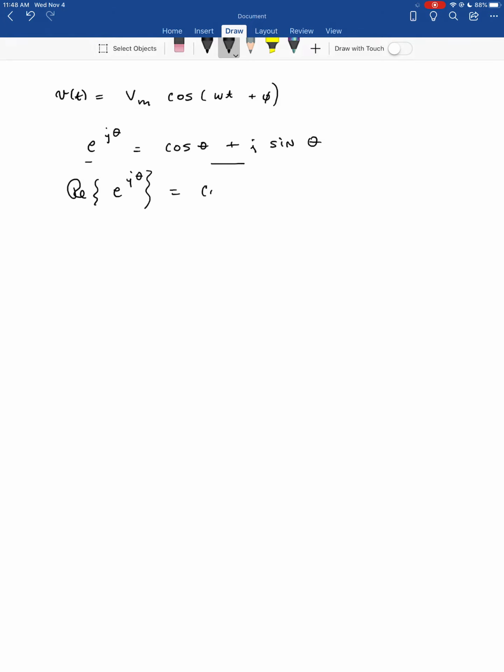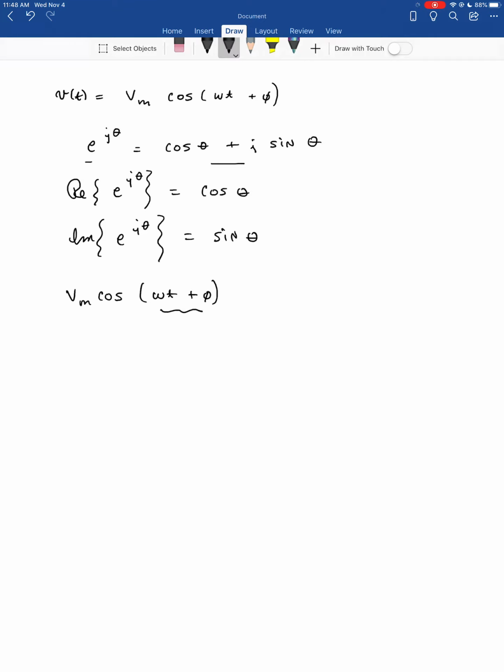We can have some shorthand notation that says the real part of e to the j theta is cosine of theta, and the imaginary part of e to the j theta is sine of theta.